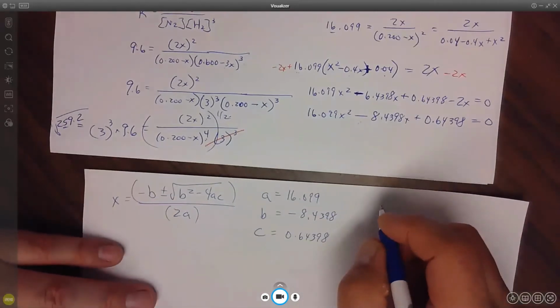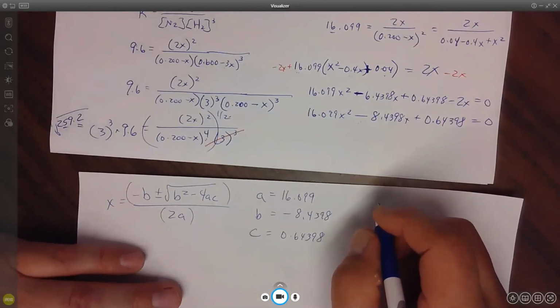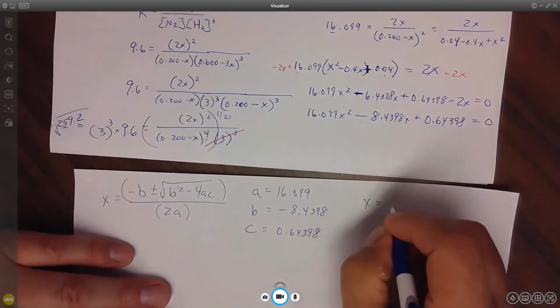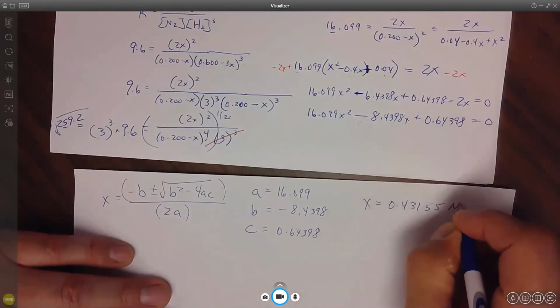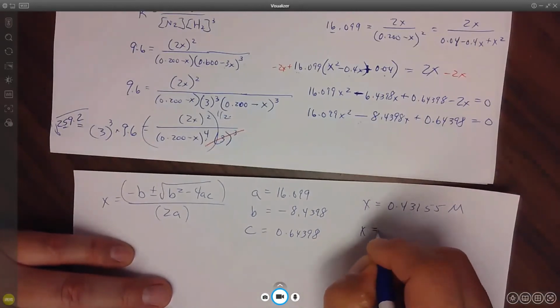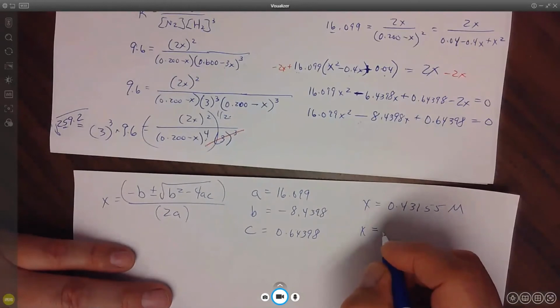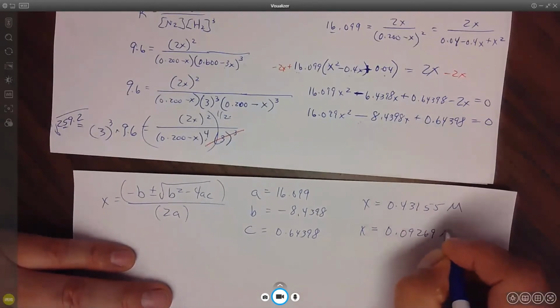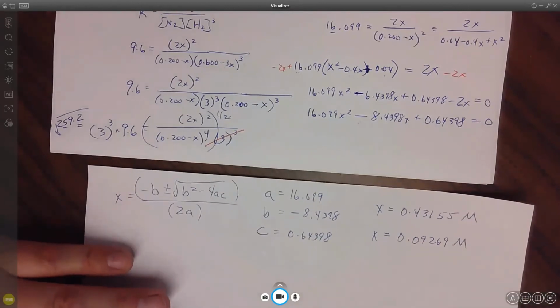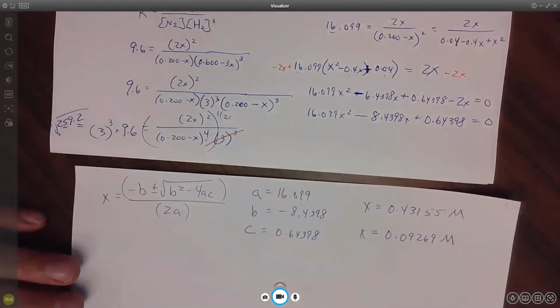That's going to give you two values of x. You're going to get a value of x equals 0.43155 molar, or x is equal to 0.09269 molar. Now, only one of these values is going to work.